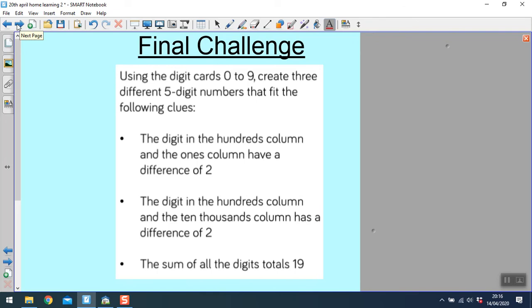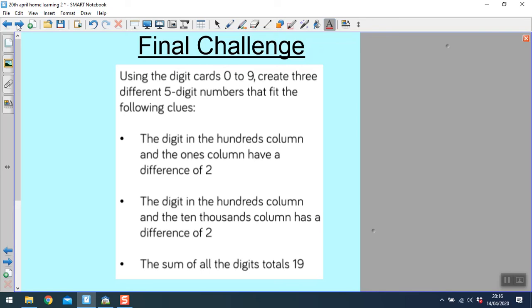Ooh, a final challenge. Using the digit cards 0 to 9, create 3 different 5-digit numbers that fit the following clues. The digit in the hundreds column and the ones column have a difference of 2.